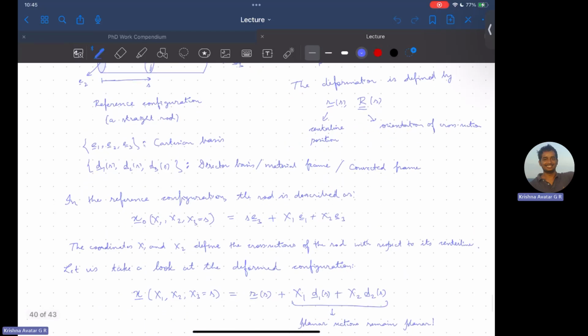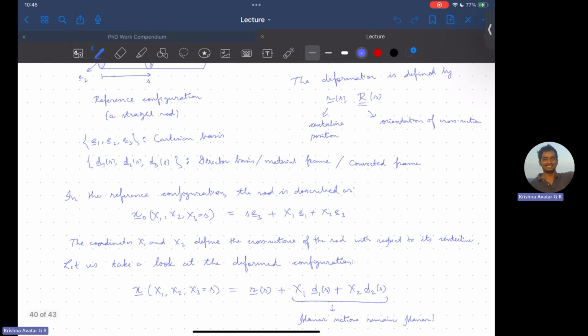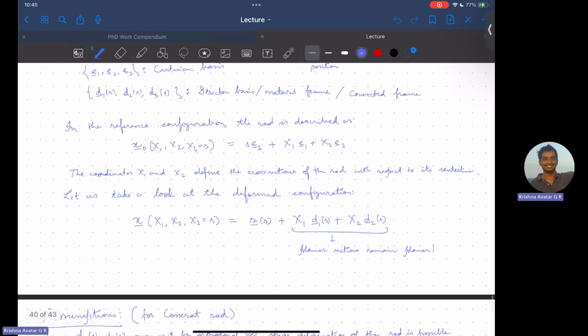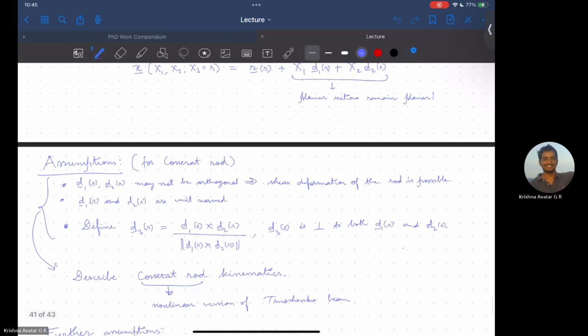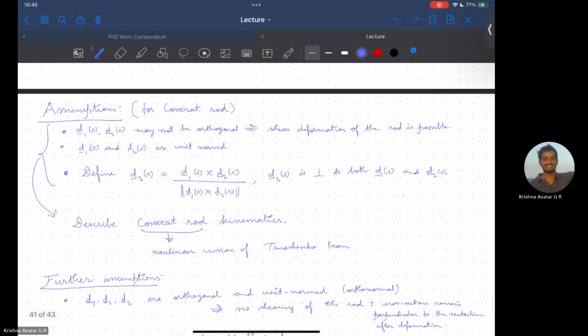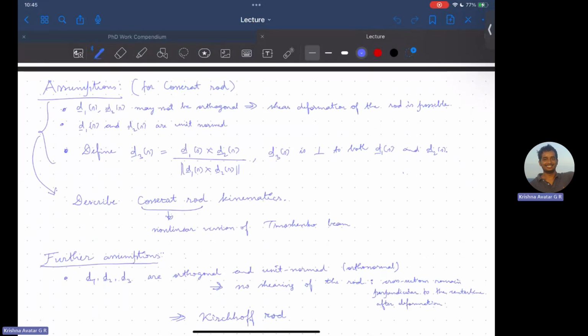So then we moved on to talking about the mathematical aspects of how we represent the deformation. Then we made some assumptions for the particular Cosserat rod that we have been studying here, in terms of how the directors are oriented relative to each other.